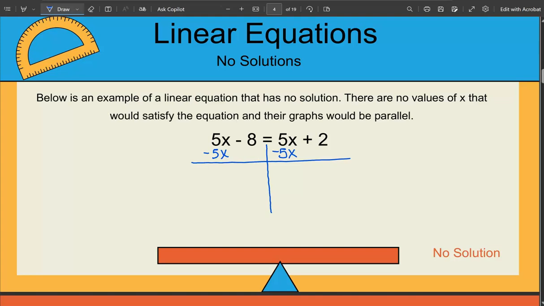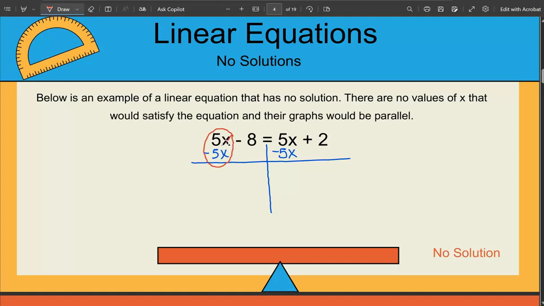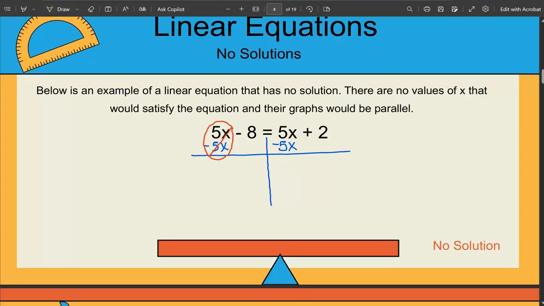But I want you to notice what happens here. If you notice, this zeroes out and this zeroes out. And this zeroes out. And so I'm left with -8 and 2. And so what that is saying is that -8 is equal to +2.